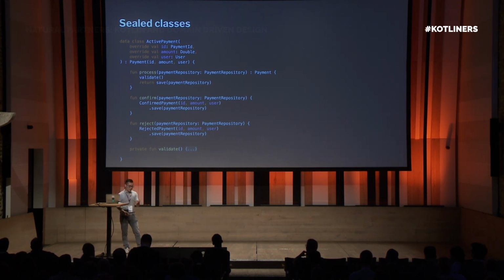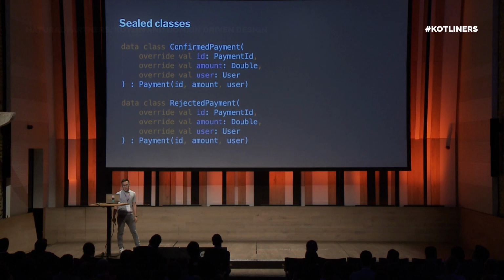We validate it, and I will talk about validation a bit later, and just save it to the payment repository. Then the system can confirm the payment, which converts it to the confirmed payment state and saves it to the payment repository, and also reject, which is the rejected state, and save to the payment repository. This is how the confirmed payment and rejected payment look.